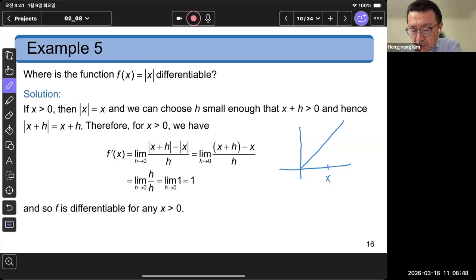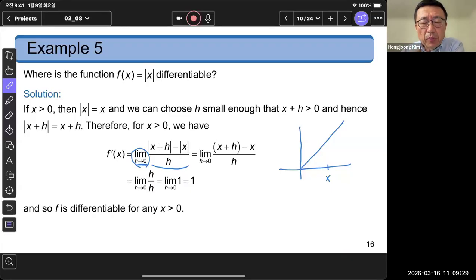Now for any x, if I consider very large h, then x plus h, and if h is negative valued, okay, so if x is positive, I have this graph, and when h is large, then x plus h may be to the left of 0, but when I consider the differentiability of a function, I'm considering the limit of this expression, right, as h goes to 0.